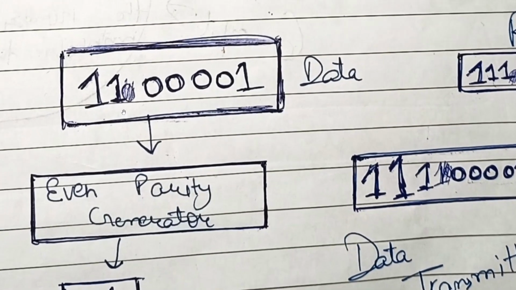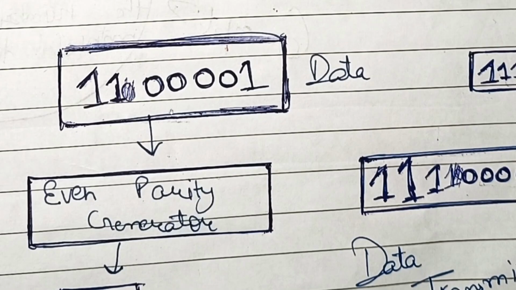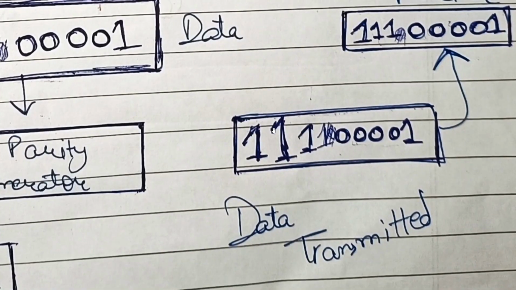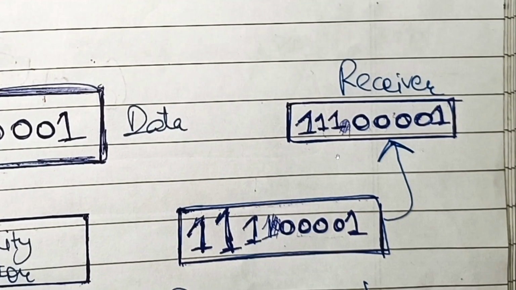Suppose it was an even number, suppose this 1 was 0, then the number of ones would have been 2, that is an even number. Thus the parity generator would have generated 0, and it would have been 0 1 1 0 0 0 0 1.